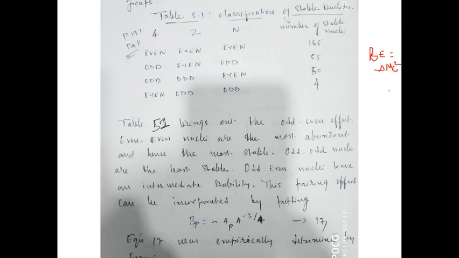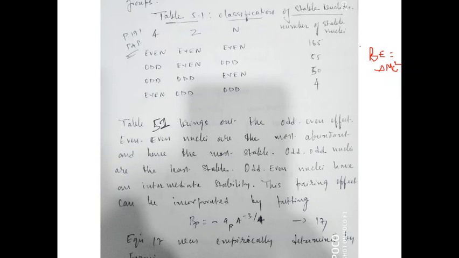So delta m is the difference in mass between the nucleus and its constituent nucleons, which constitute the nucleus. For example, if you're talking about an alpha particle, then it's the difference of mass between the four nucleons independently, that is two protons and two neutrons, and the mass when all of them come together and form the alpha nucleus. So that's how you know.